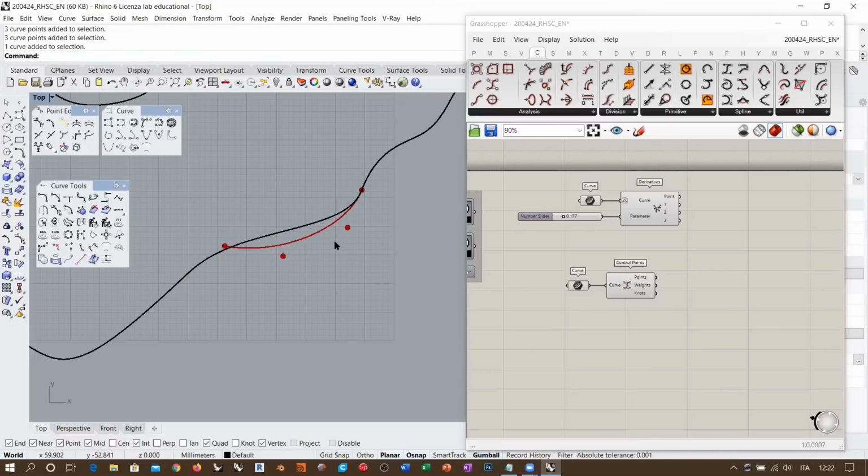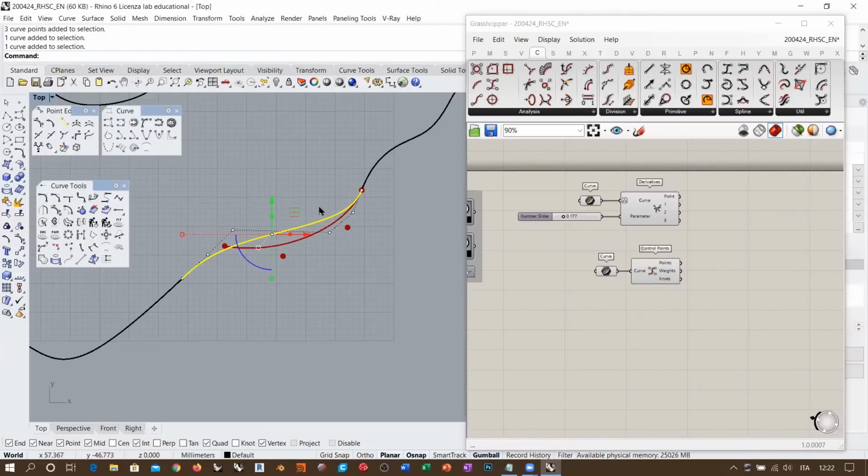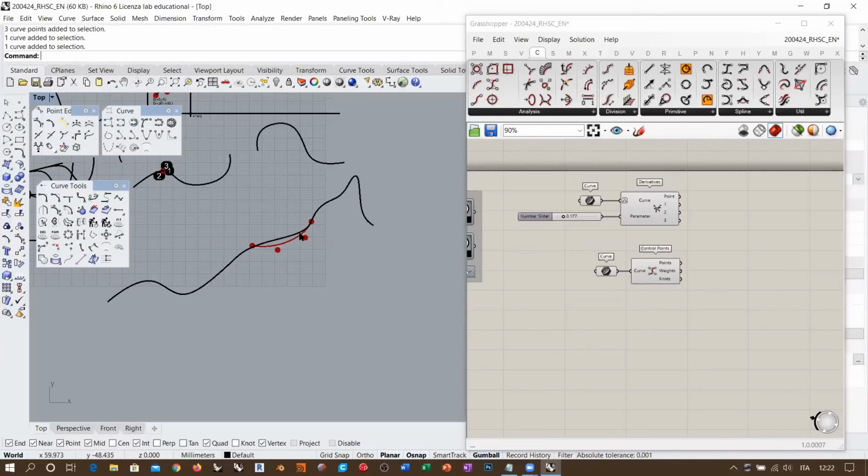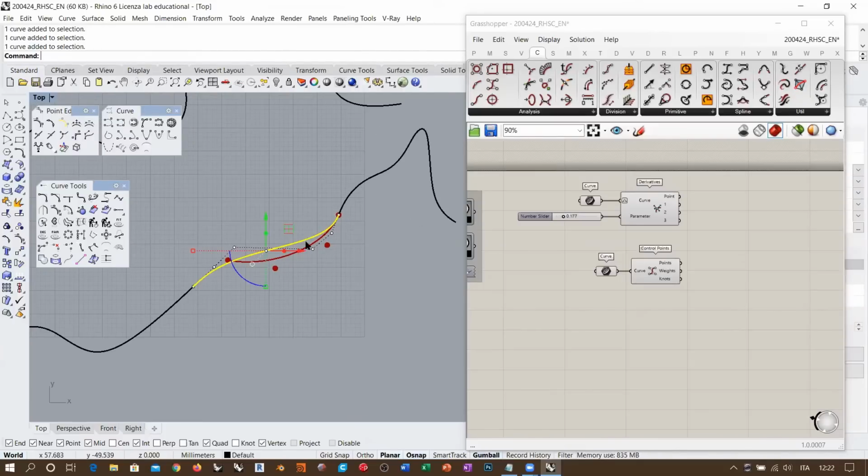Okay, so this, I repeat, the match command with curves is a command that can adjust topology dynamically in order to satisfy the continuity needs that the user has. Okay, but this is not true for all the commands. Okay, so match is another command that allows to create curvature continuity, for example, by placing the control point in the proper way.